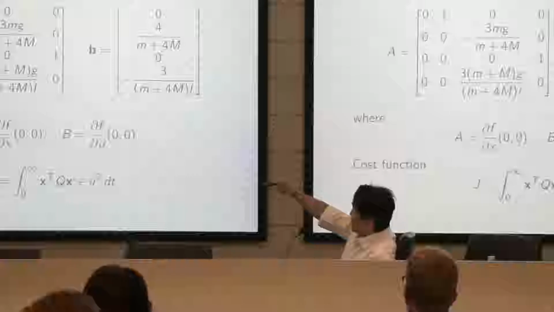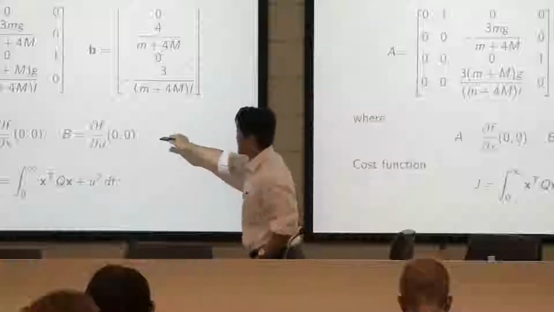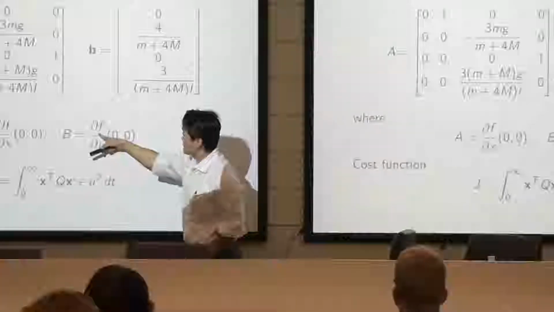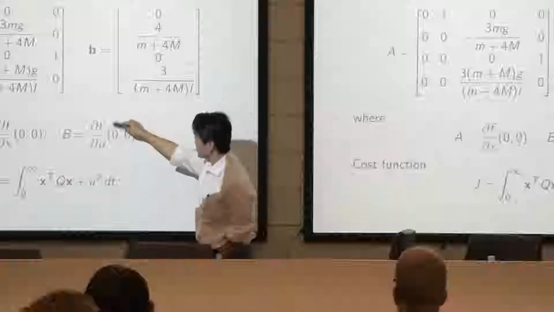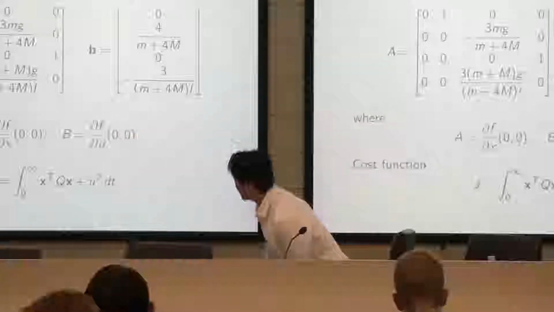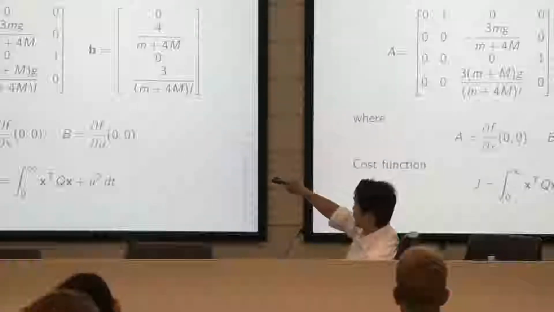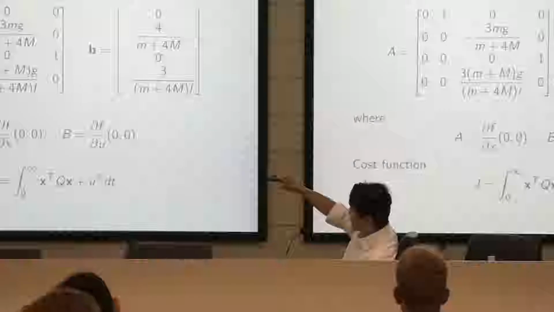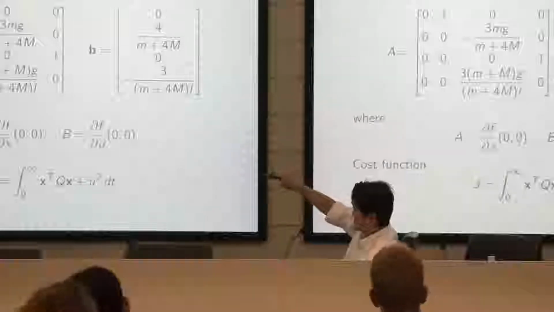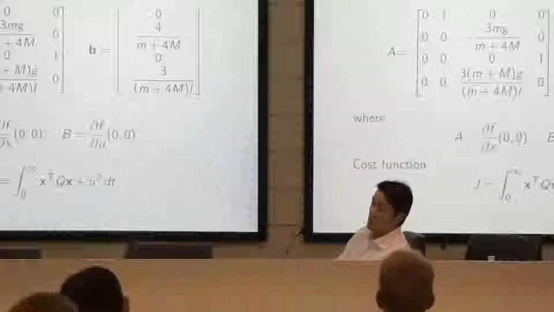And B, oh no, this is completely wrong. This is F00. No, this is correct. This is correct, because this is not an affine form. So take a derivative with respect to U and put 0, 0. That will be the B matrix.